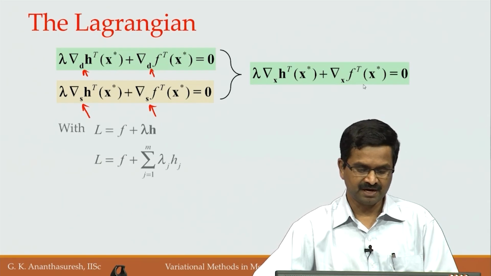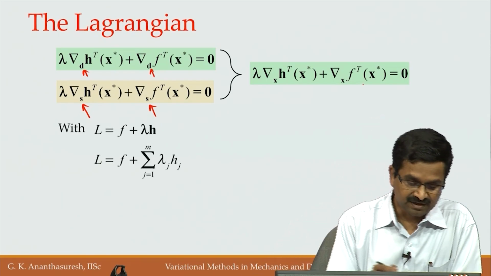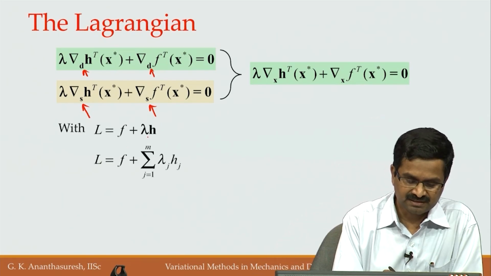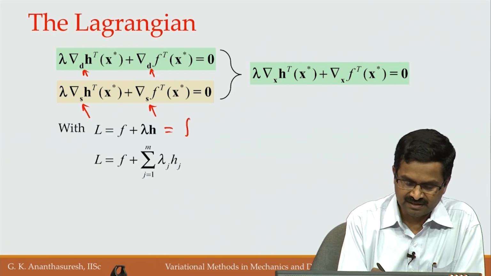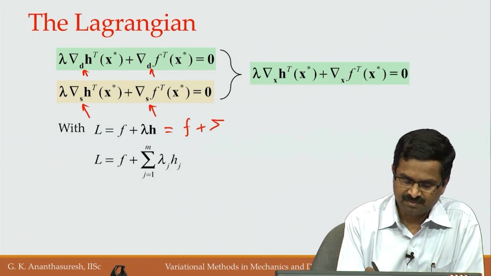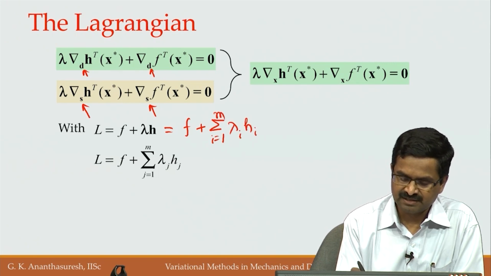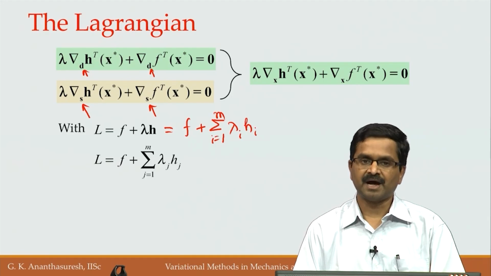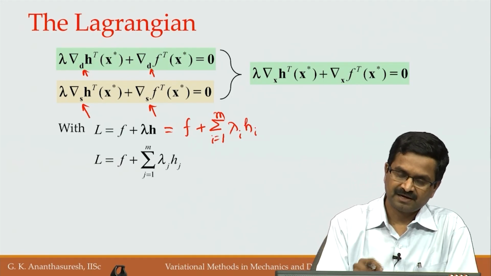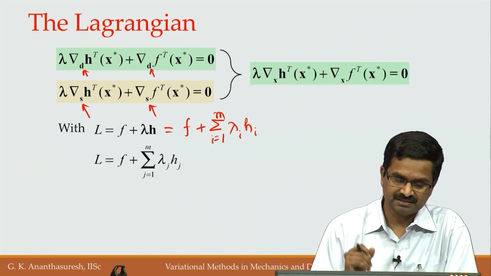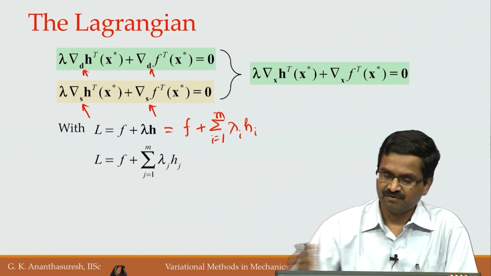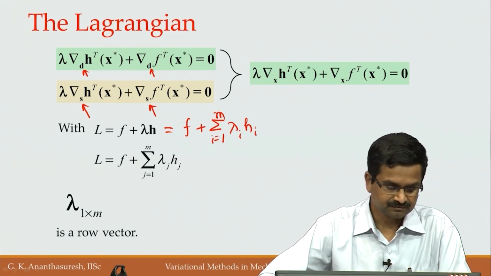So, this is how we get that we can define a Lagrangian such that it is lambda times h. Basically, what we say here is f plus summation i equal to 1 to m lambda i times h i. Each constraint you add by multiplying with the Lagrange multiplier, a linear combination of all the constraints, gives you the Lagrangian.